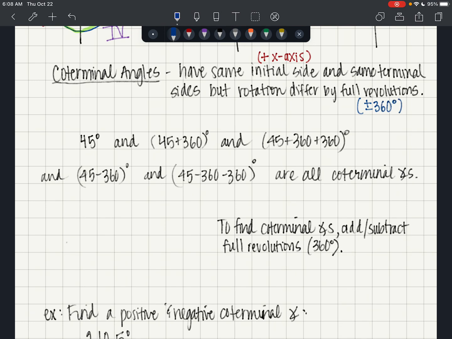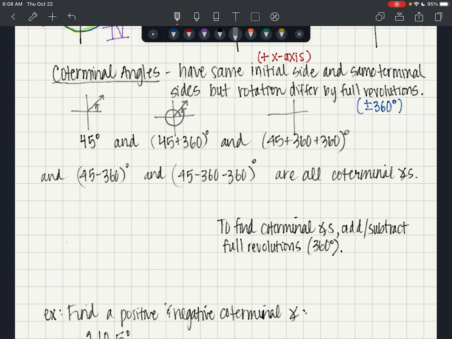So 45 degrees, which would be this angle right here, and 45 plus 360 degrees, let me give you a picture, are going to have the same terminal side, same initial side, but this time I'm adding 360 plus the 45. Coterminal angles.